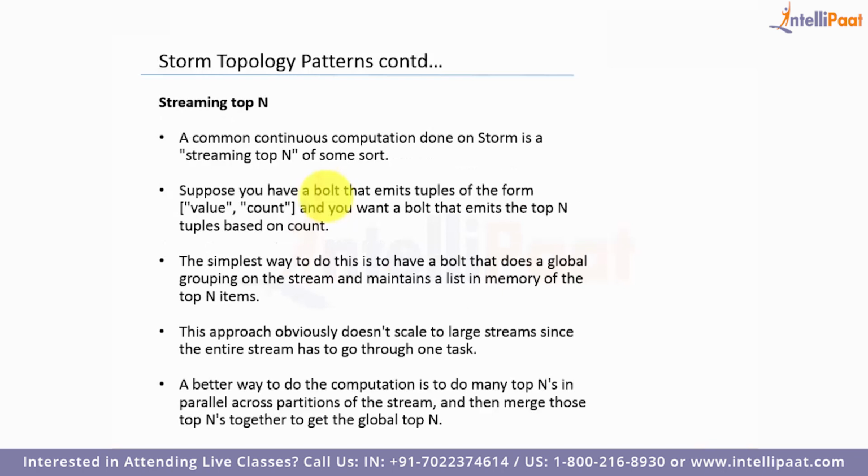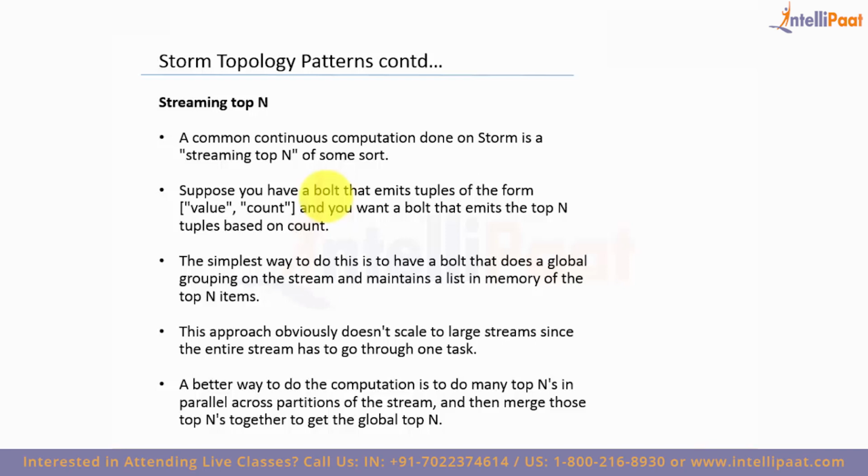The fifth one and the last that we are going to discuss in this example is streaming top N. We discussed an example where Twitter actually streams a large amount of tweets from its millions of users across the globe, and it processes them, calculates the hashtag, and based on it, it actually derives the trends.